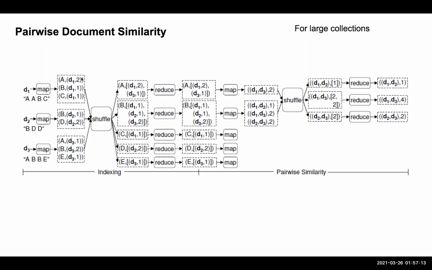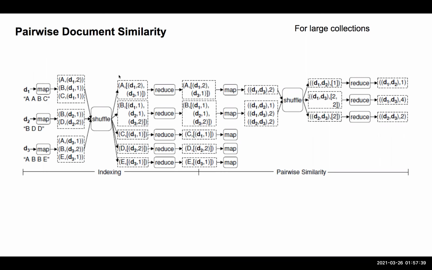The first step is to list each unique term from each document. For example, document 1 has A, B, C, three terms. For each of them, you label the document as well as the number of the term. After that, you do a shuffle.